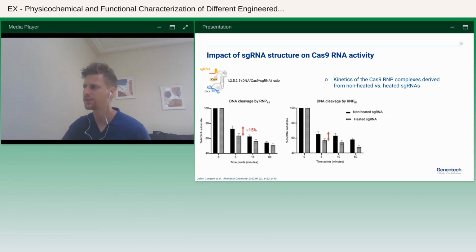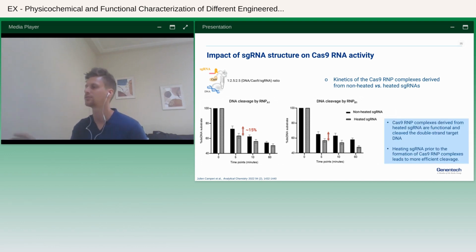And you can see that when we don't edit the single guide RNA, after 5 minutes, we have 75% of double-strand DNA substrate. But if we edit the guide RNA, it seems that the cleavage rate is higher, because after 5 minutes, we delete like 40% of double-strand DNA. And we observe the same thing with RNP B1, with a similar percentage, around 50%.